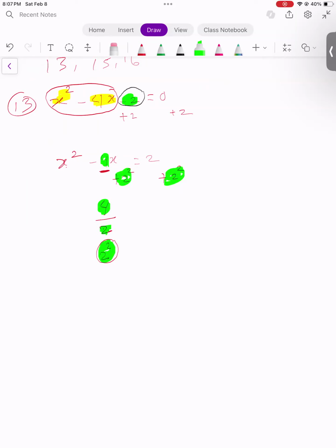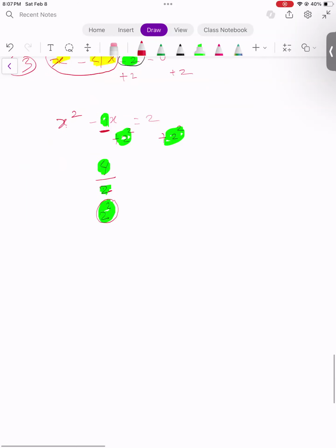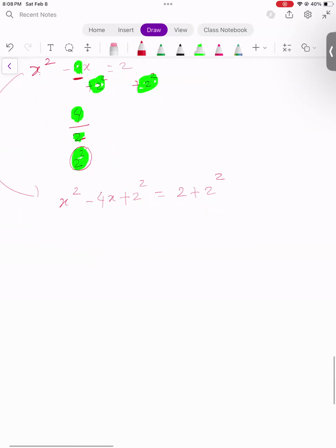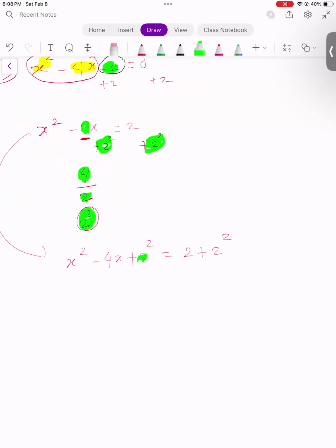Okay, so our equation becomes x square minus 4x. We added 2 square on both sides, so we have 2 plus 2 square. And it depends, okay, so it's not always 2 square. The number that we are adding on both sides depends on the coefficient of the x term.